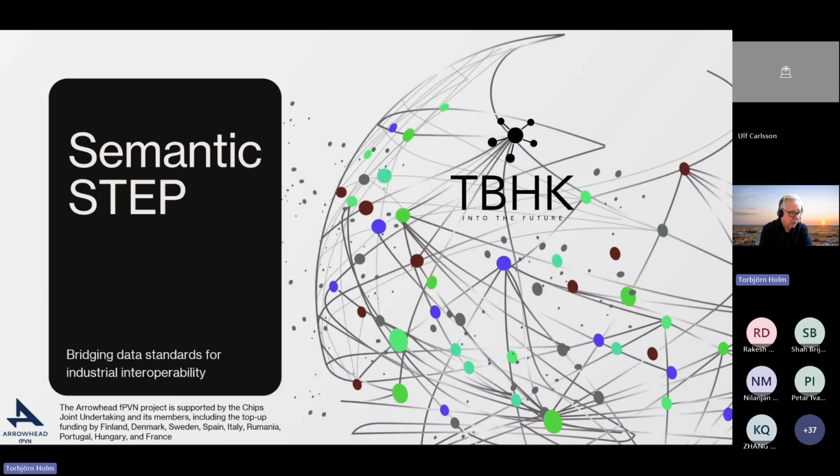And I will also mention a little bit about what we are planning to do further with this technology that we have developed.